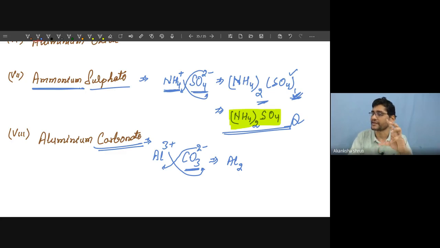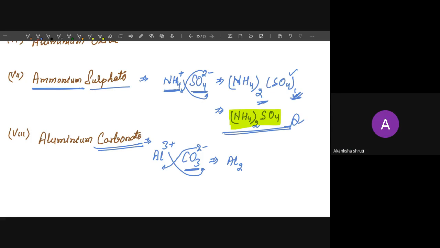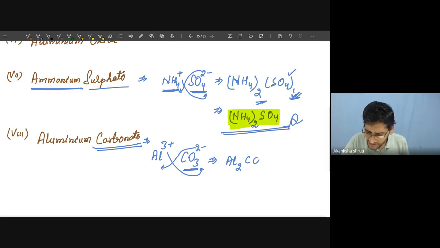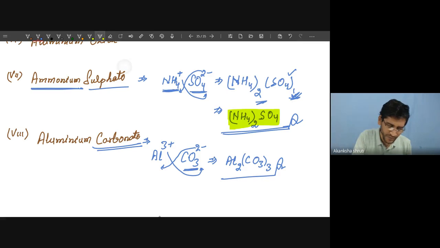A bracket is required only if more than one unit is present. So Al2(CO3)3, since CO3 occurs whole thrice. So this is the answer. Are you getting it, student? I hope so.